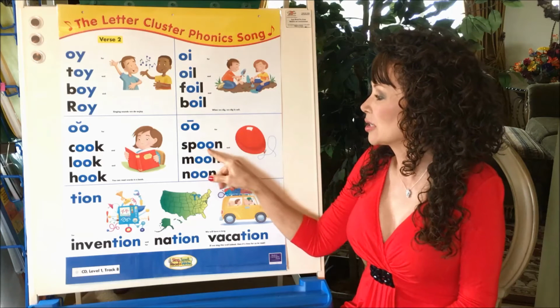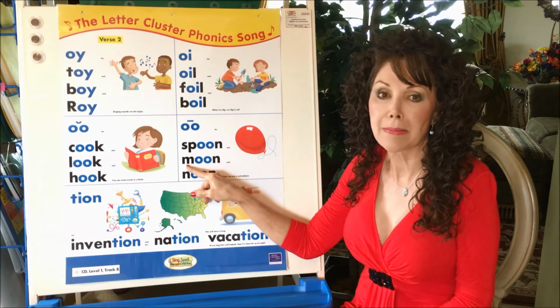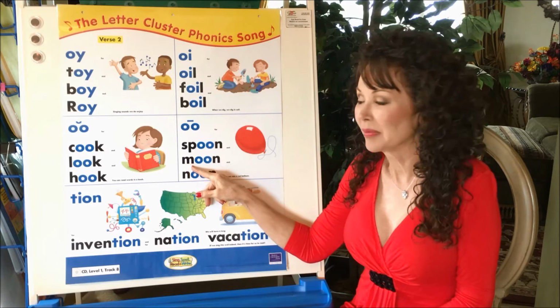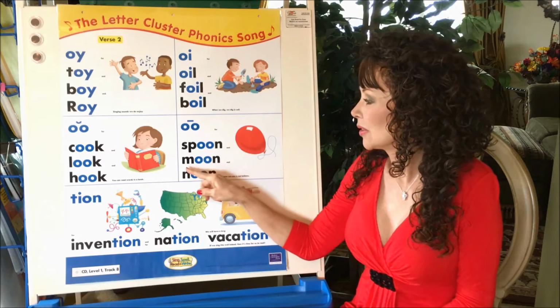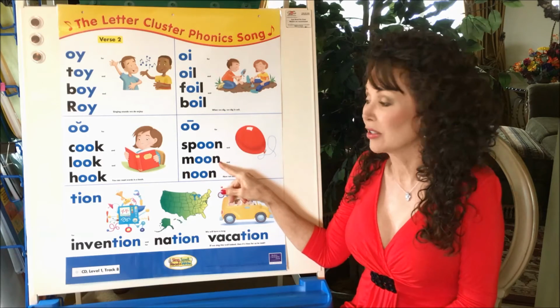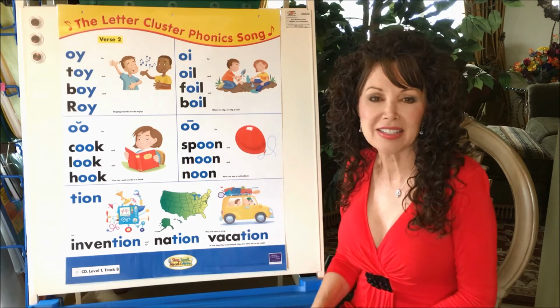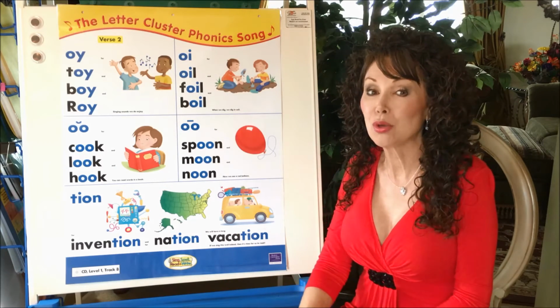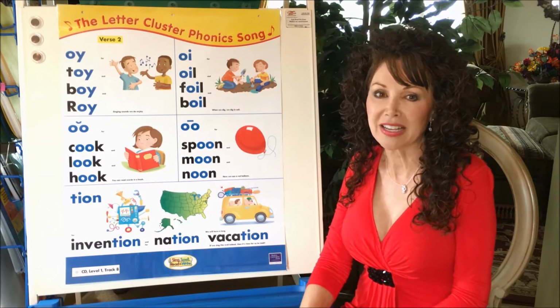Oo for spoon, and you sound it out this time. And say it fast. Moon. Like in the night sky, you can see the moon. Especially love the moon when it's a full moon, nice and bright.